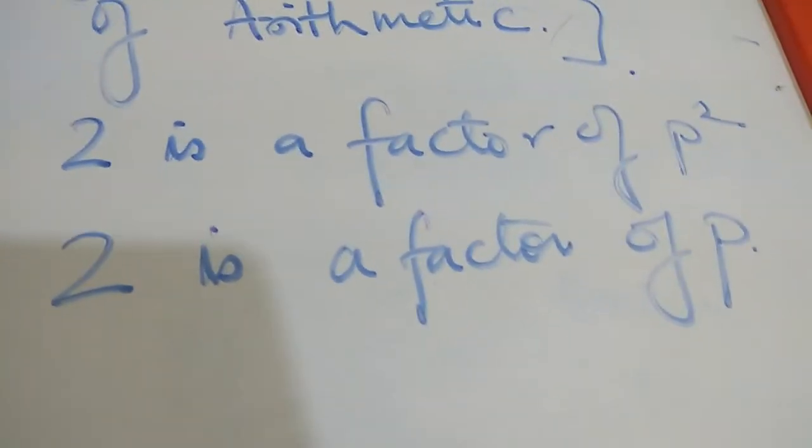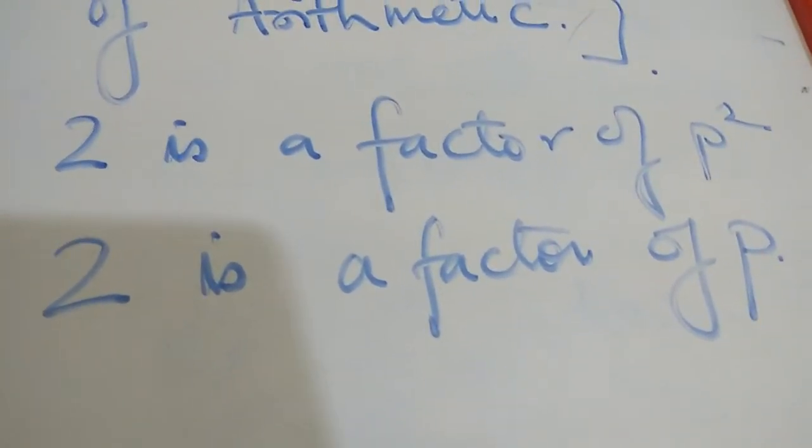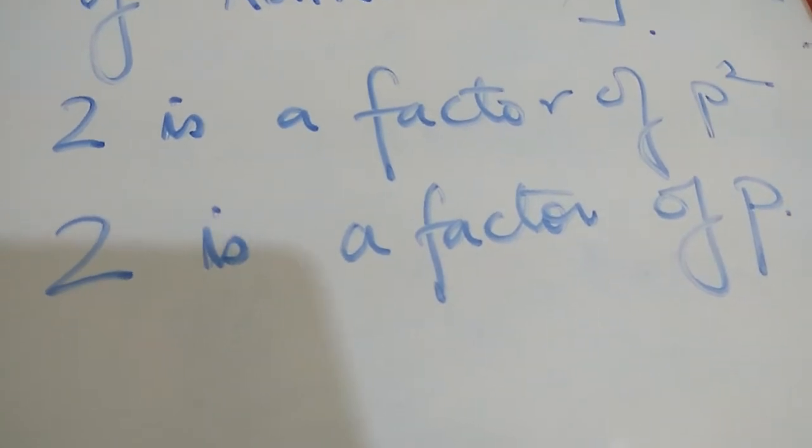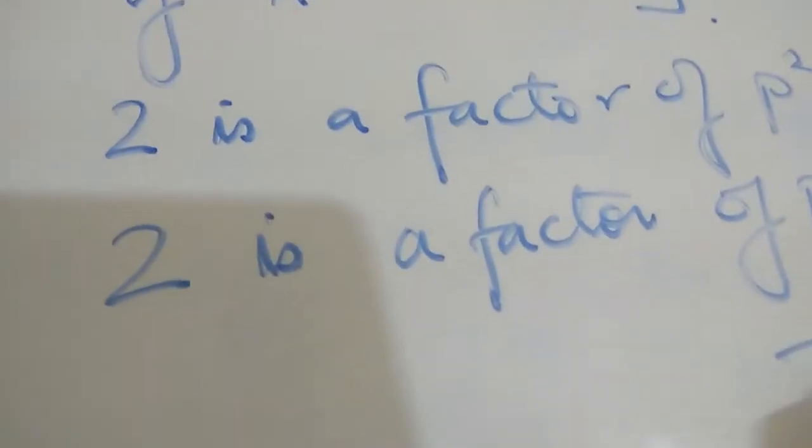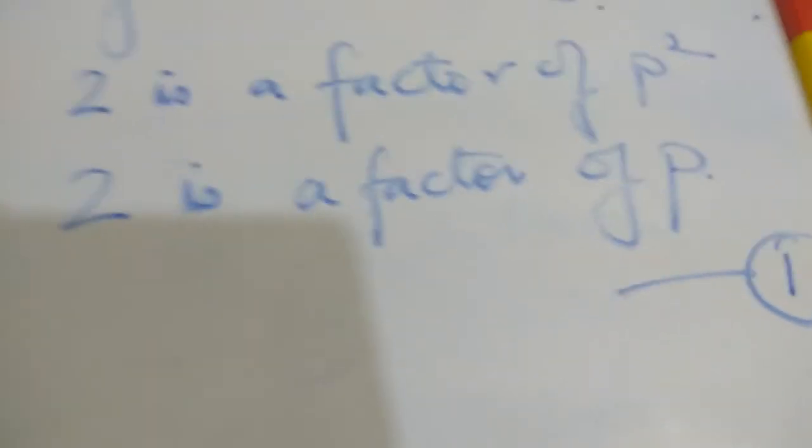If a number is a factor of the square of any number, then it will be a factor of the base number also. So this becomes our equation number 1.